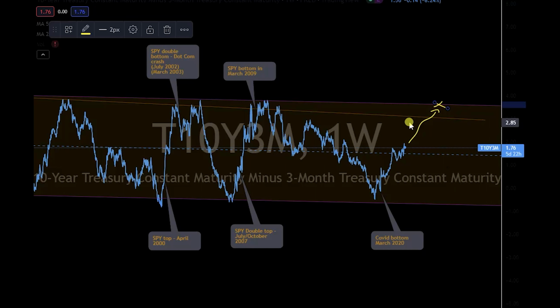So when you look at the price action of the 10 to 3 year, or the 10 to 3 month, my apologies, it shows that when you hit the top of this channel over the previous cycles, like you did here, like you did here, and like you did here, that's when generally the markets find a bottom after all the selling has taken place.